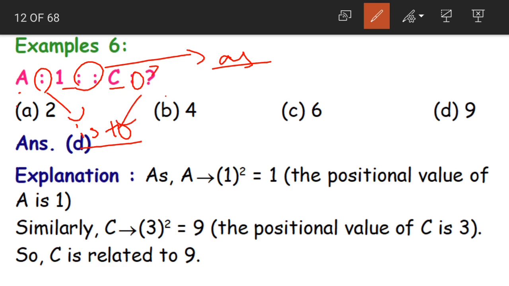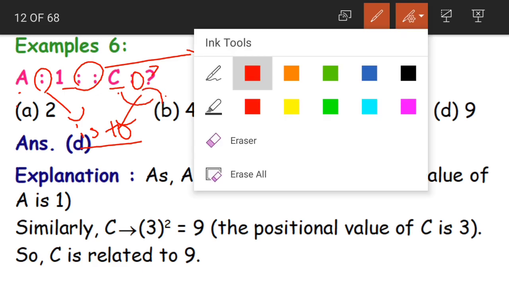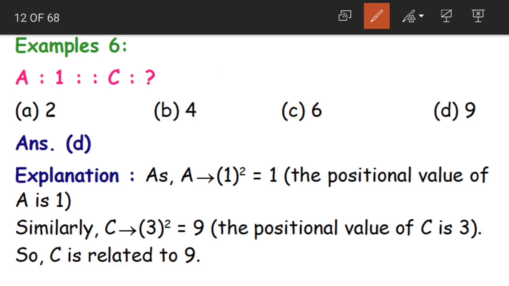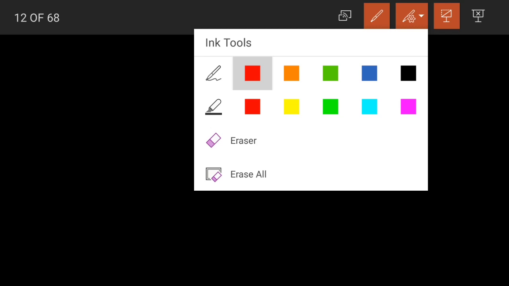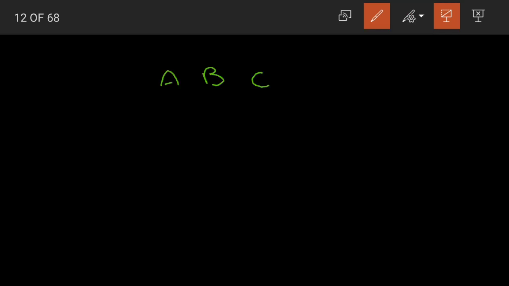Now we have to understand the relationship between A and 1, and also apply the same relationship to our C. If you look at the first one, A is to 1. A, B, C. If you write the alphabets and then give them numbers, A is the first letter, so A will be 1. B is the second letter, so B will be 2. C is the third letter, so C will be given the number 3.